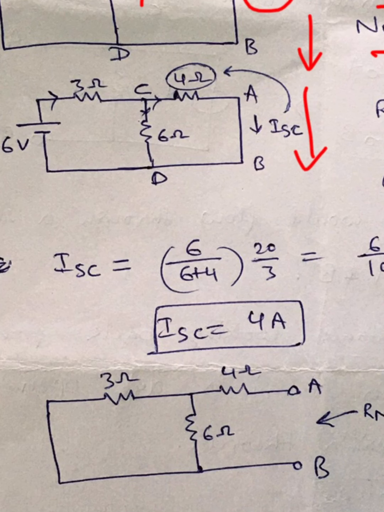So this will be same for finding out this current. We will find out the current flowing through this 4 ohm resistor. Whatever current is coming from here, it will come at point C, it will divide into two different parts. We are interested in finding out the current flowing through the 4 ohm resistor.